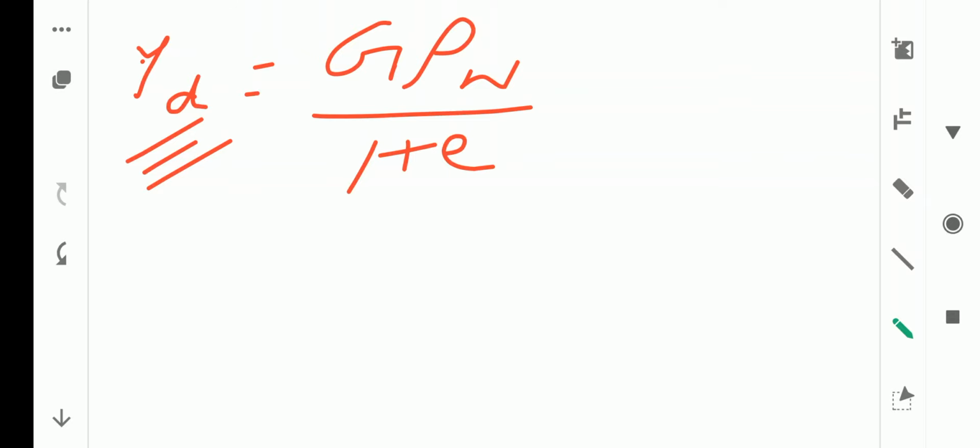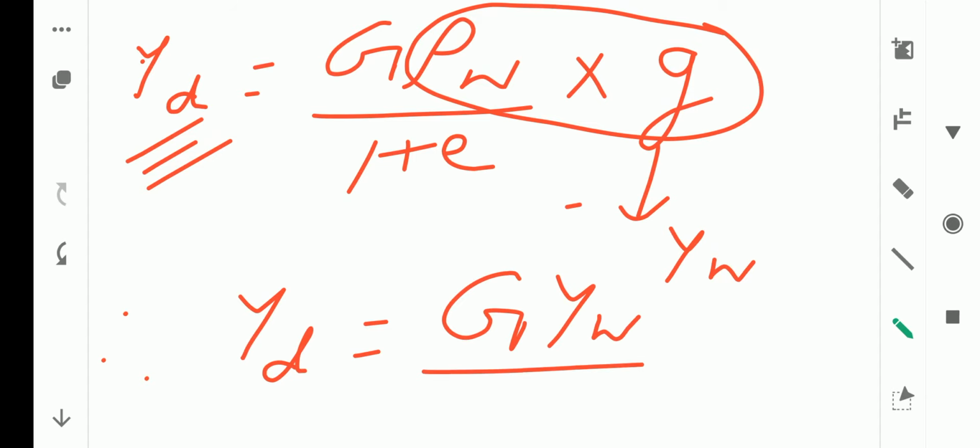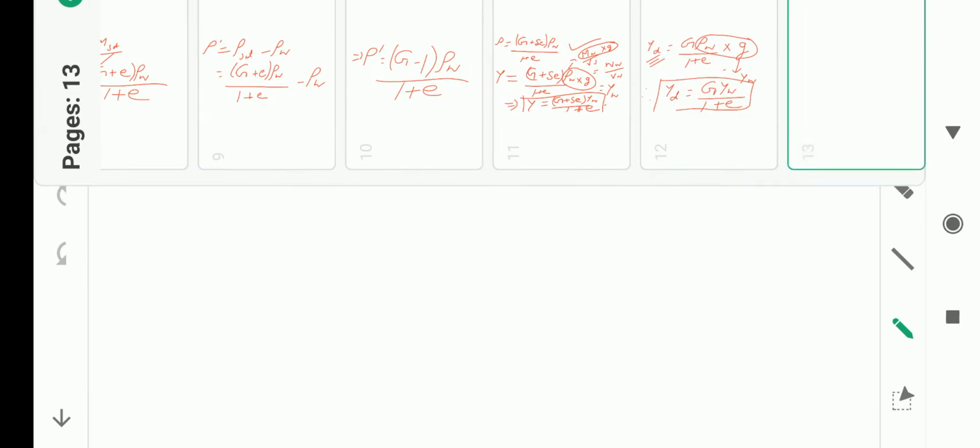So dry unit weight will be equal to dry density into g, and this rho W into g is equal to gamma W. Hence dry unit weight is equal to G gamma W upon 1 plus E. In the very same manner, you can write gamma saturated, gamma dash also. Correct? All these things have been provided in the notes.